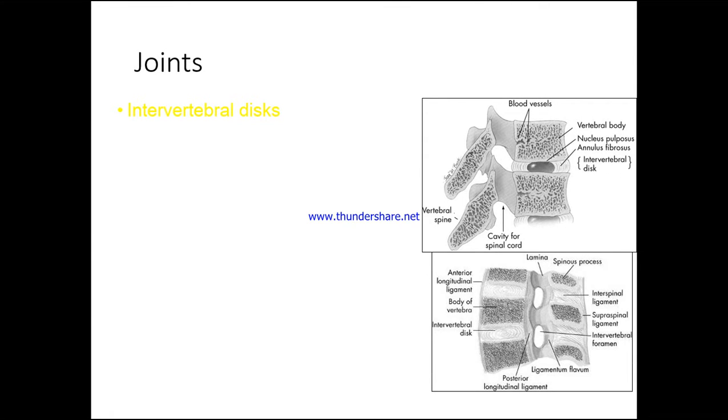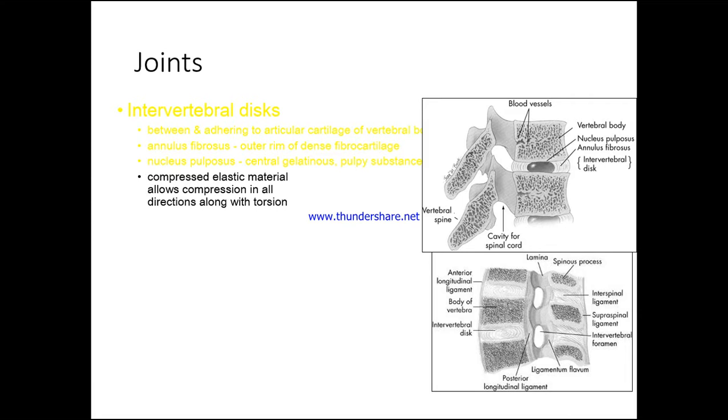So let's just recap on some things that we talked about briefly. The IVDs, or the intervertebral discs, are between and adhering to the articular cartilage of the vertebral bodies. We mentioned the annulus fibrosus, the outer rim, and of course the nucleus pulposus.